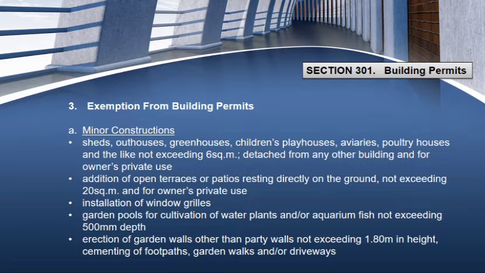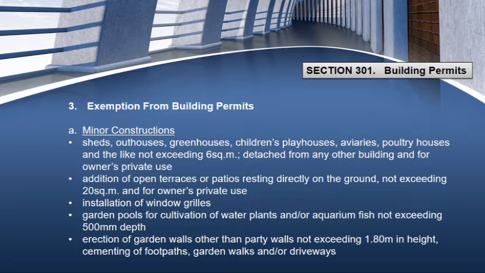It is also known as a bathroom. Another is greenhouses, children's playhouses, aviaries. Ang aviaries po is a cage for keeping birds, poultry houses, and the like, not exceeding 6 square meters, detached from any other building and for owner's private use.